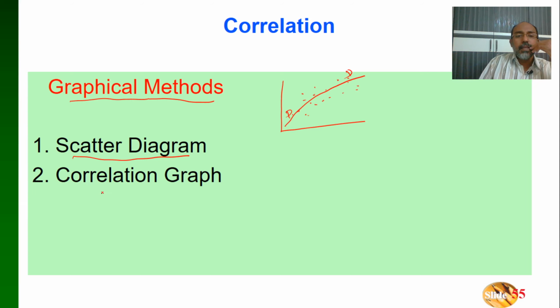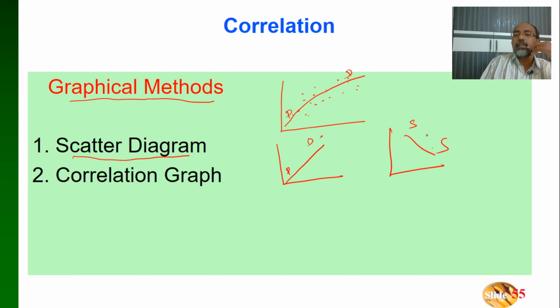In the same way, a correlation graph also exists. In the correlation graph you draw the curve, so that by seeing it, you can tell it is an uptrend, increasing one, whereas this is a declining one.